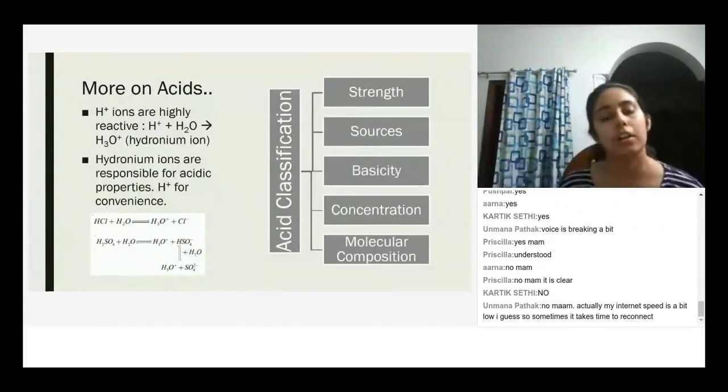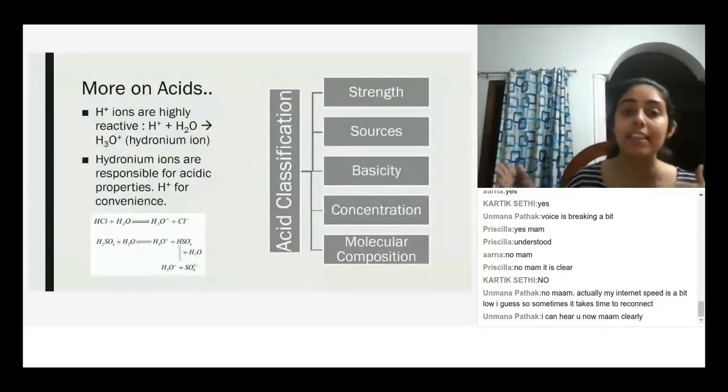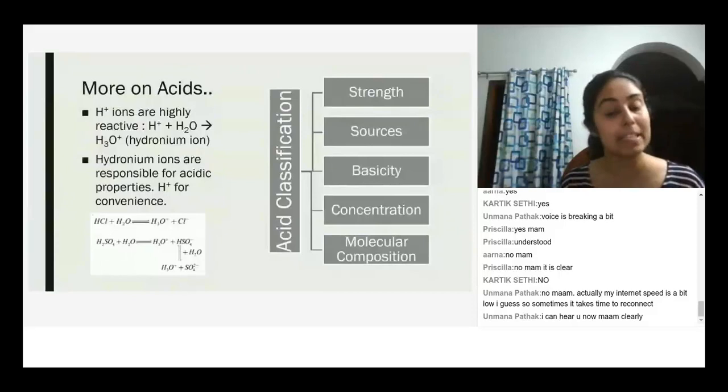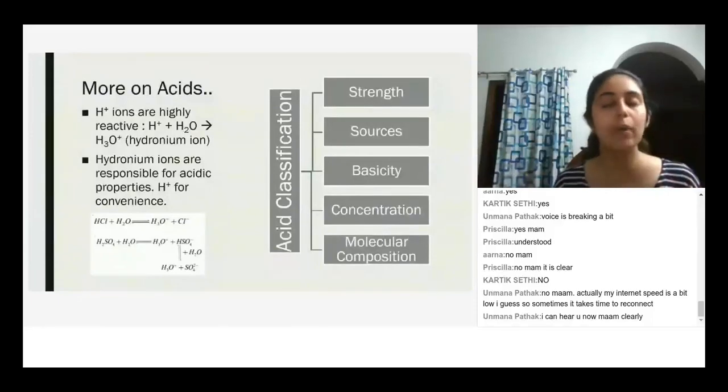As I was telling you in the previous slide, hydrogen ions are extremely reactive. They are very unstable on their own. They have to react. Acids release H plus ions when they are in their aqueous solution, that is, when they are mixed with water, basically in their liquid form.